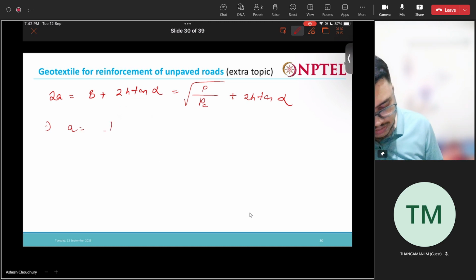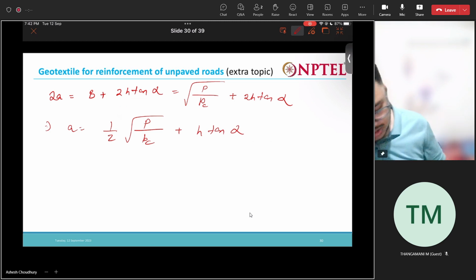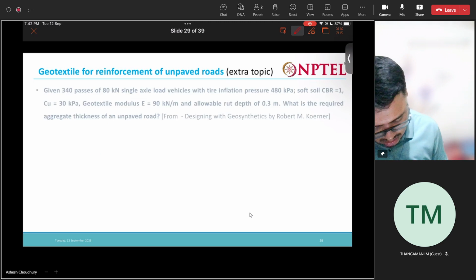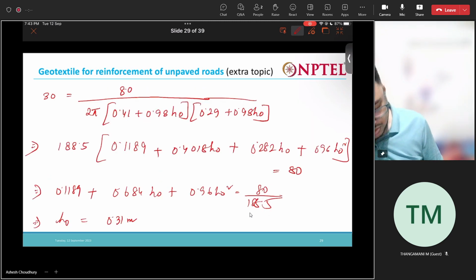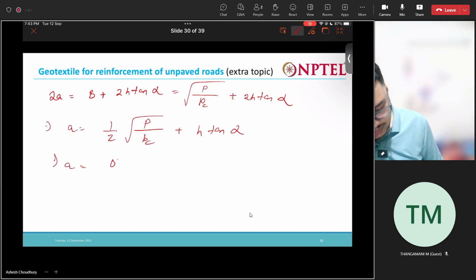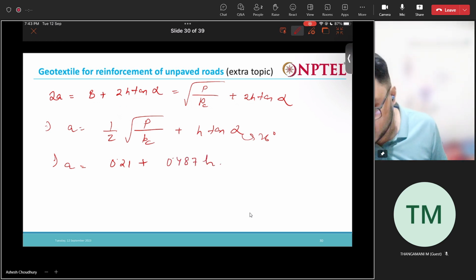So A is half. What was P by PC? P by PC root is 0.41 divided by 2, 0.21 plus H tan alpha, tan 26. So alpha you are taking as 26 degrees only. So 0.487 H. So this we got.